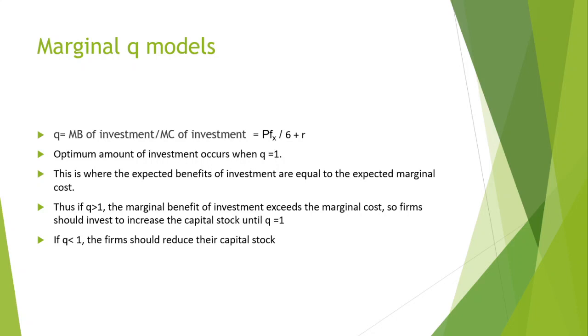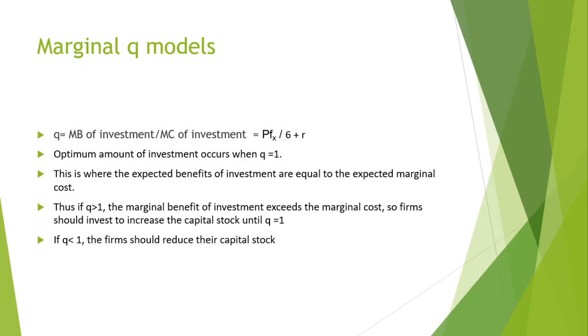So the marginal benefit of investment divided by the marginal cost of investment is denoted by PFK divided by delta plus r, where PFK is the marginal benefit of investment, which depends upon the price of the product produced by this investment and FK, the productivity of capital. Delta plus r is the cost of investment.